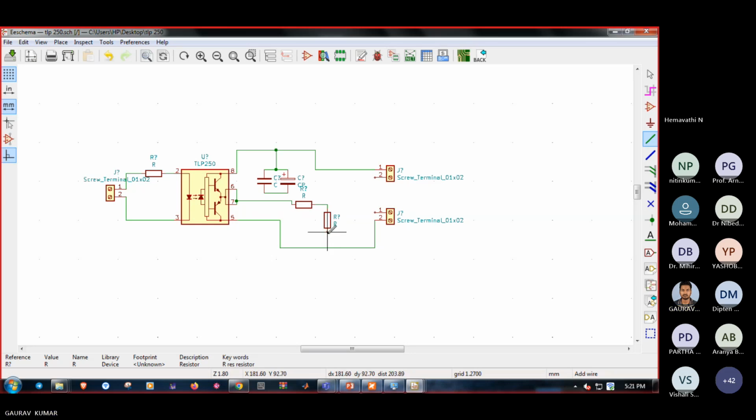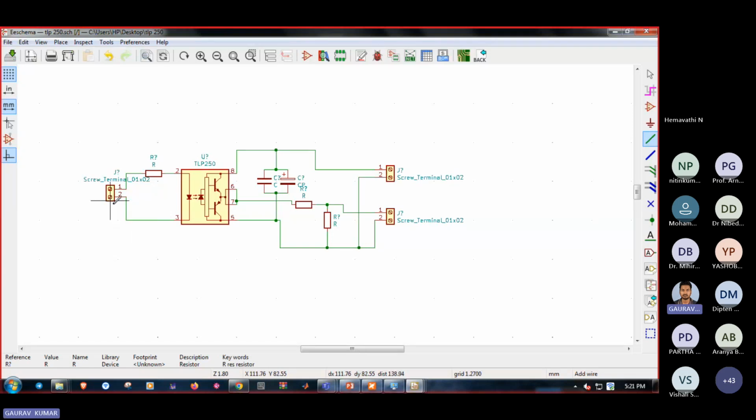So you have to implement that. And the supply is connected between 8 and 5 terminals, so you have to connect the 5 terminal.